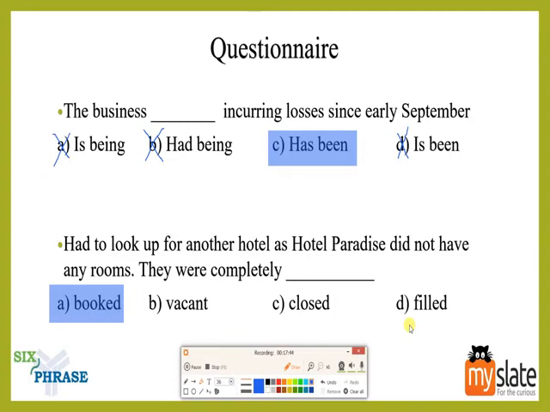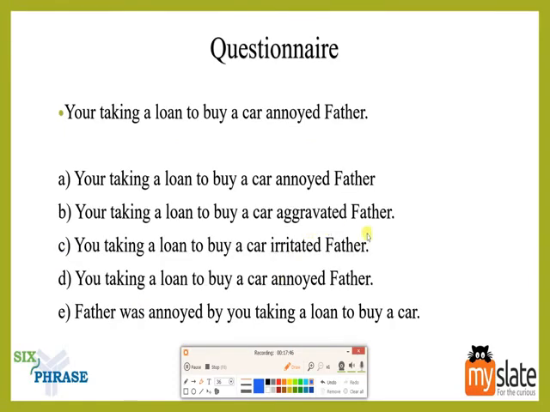So we look at other questions, right? This is also a pretty simple question. What kind of question is this? This is actually a sentence correction question. So according to the options that they have given us, the whole sentence itself could be an error. Okay, "you are taking a loan to buy a car, annoyed father."